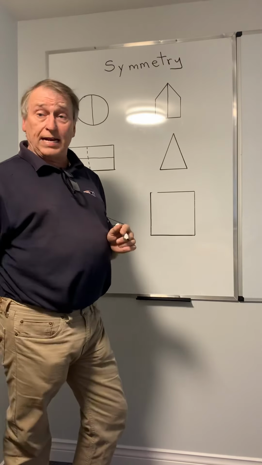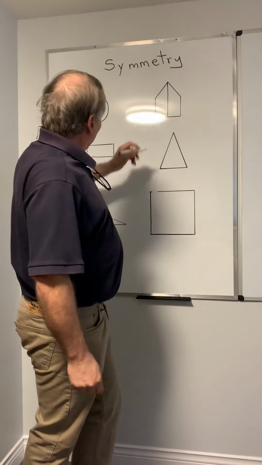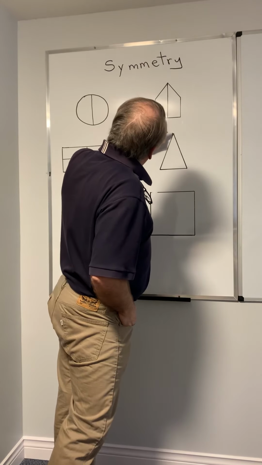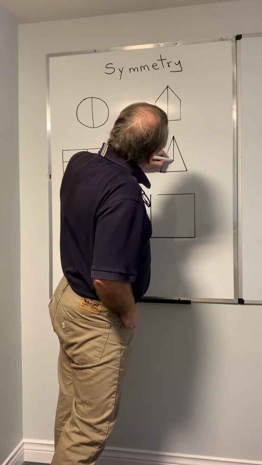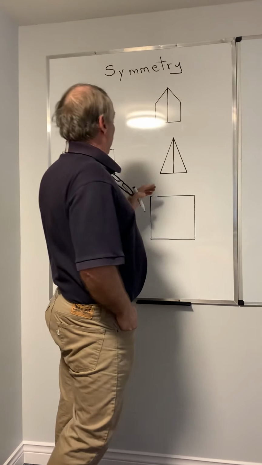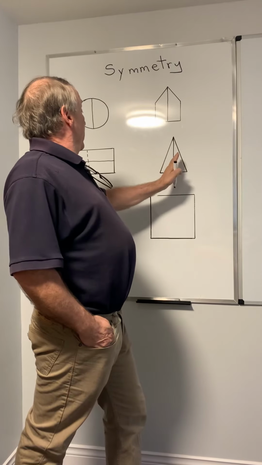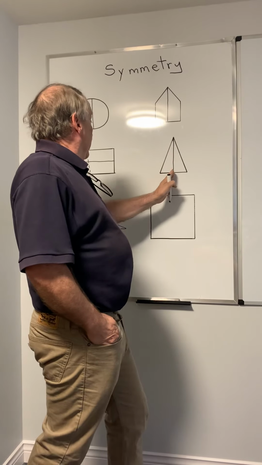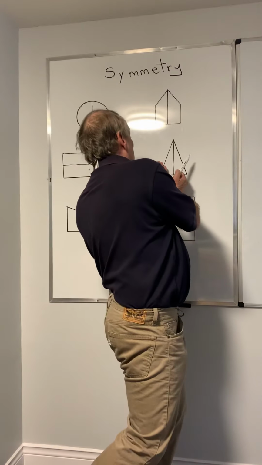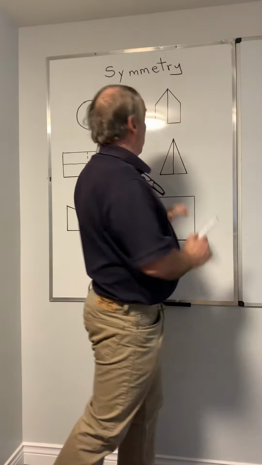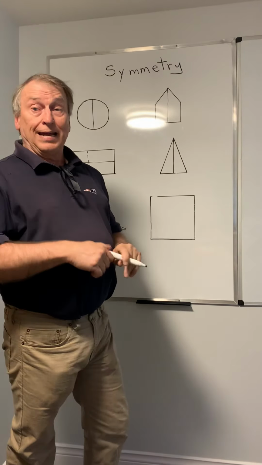So the only way I can cut this triangle is to go from the top straight down through the middle to the bottom. And that there is the line of symmetry for the triangle. Now if I fold this one over, it would be the mirror image.